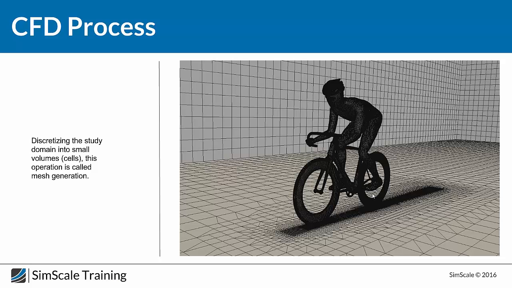So that's why we use high density instead of this region where there is no effect. So that's why we have large size of the cells over there. And here in this picture you can see just the mesh of the surface, but actually in reality there are boxes that cover the whole geometry of the rider.